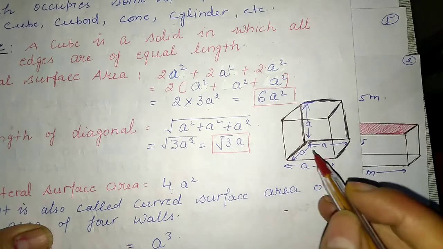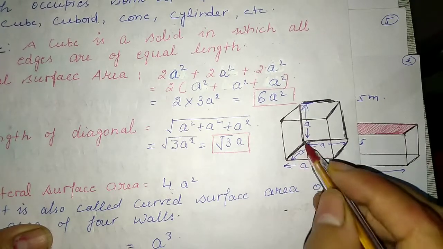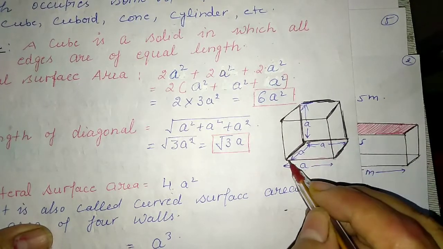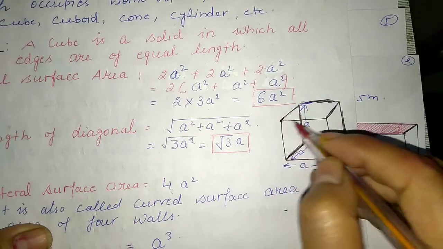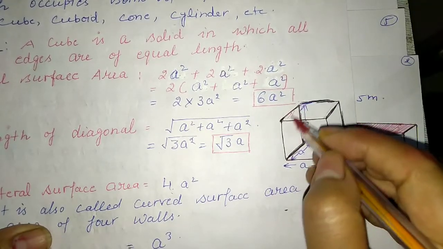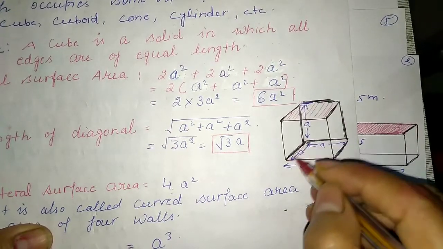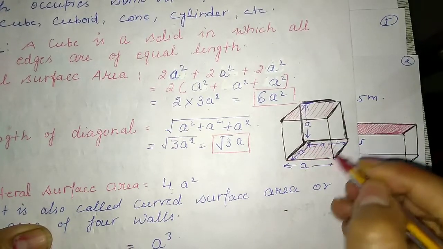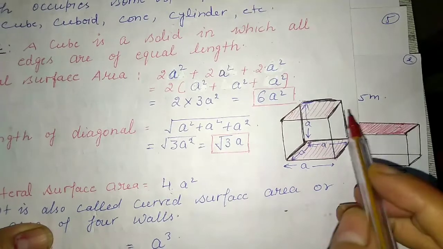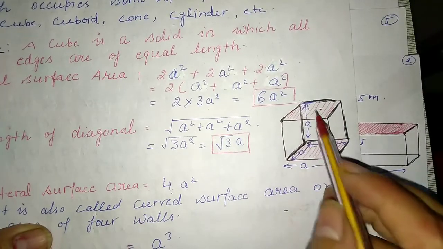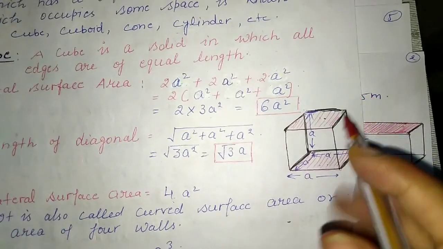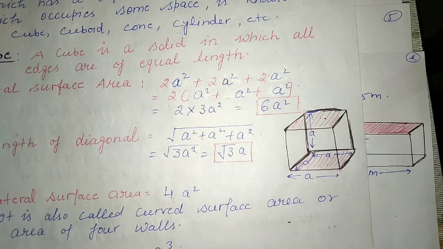How many faces do we have here? This is the base, just like the floor, and this is the ceiling opposite to this. These two surfaces are parallel to each other. So these are two: this is the floor and this is the ceiling, and these are the walls.